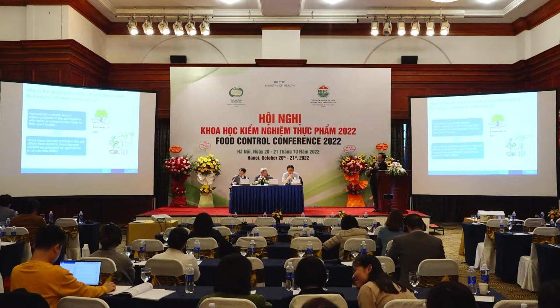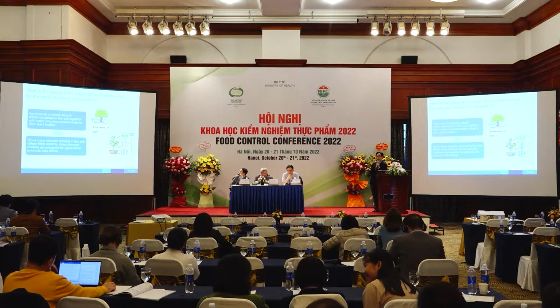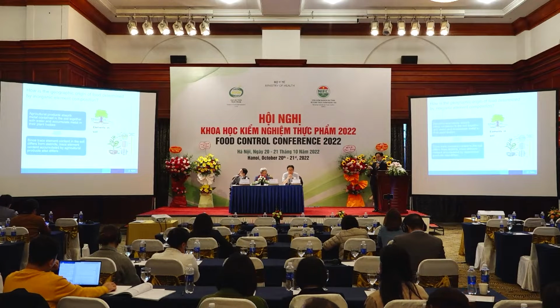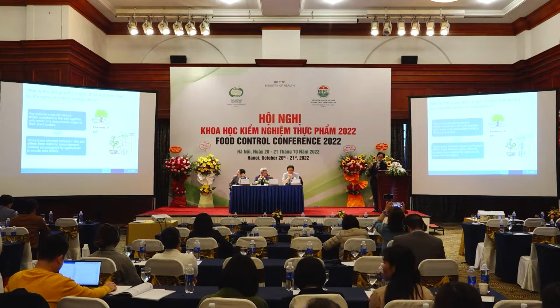These elemental compositions can bioaccumulate in different parts of the plants, again depending on the type of plants. So logically we should be able to use these trace and macro elements as a fingerprint to identify where certain plants may come from, through studying the distribution of the trace and macro elements.